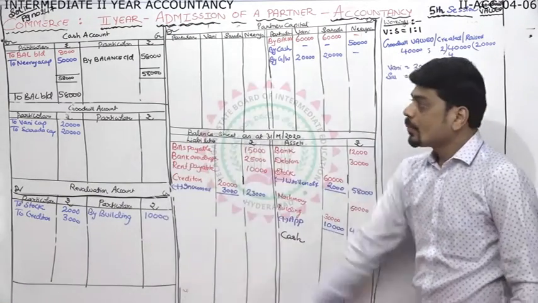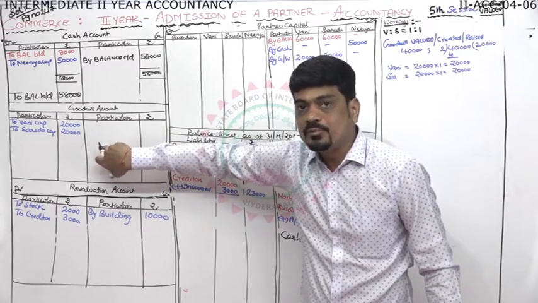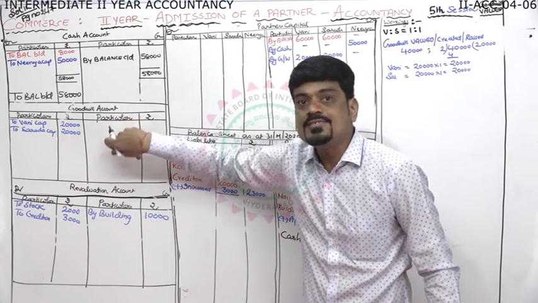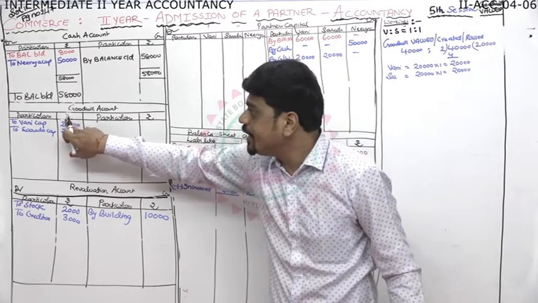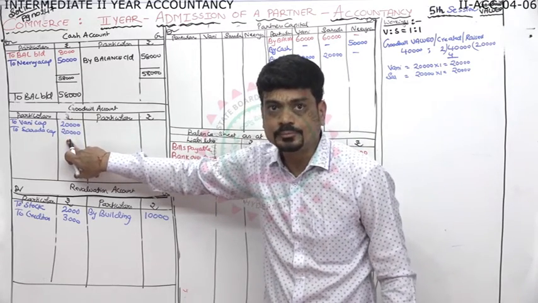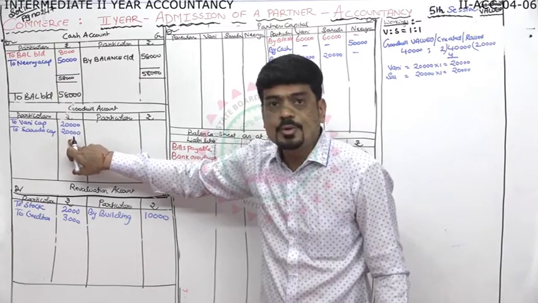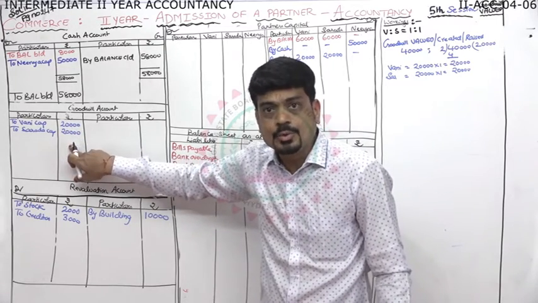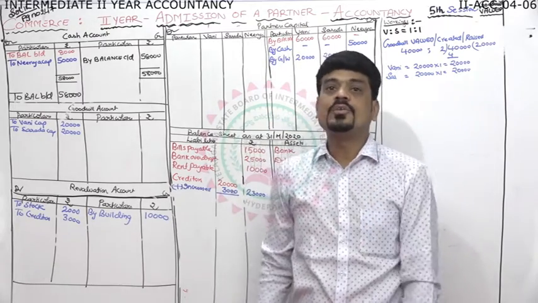Now comes the theme of the problem, goodwill. What they said? Goodwill is valued, they told. Goodwill is valued. In the sense, only we have distributed goodwill. I told you two effects. One, we have to distribute among partners. We have distributed. Then what about the second effect? We have to balance the goodwill account.